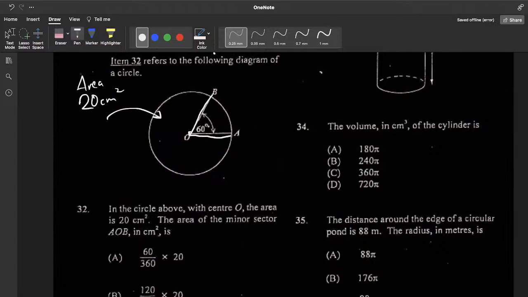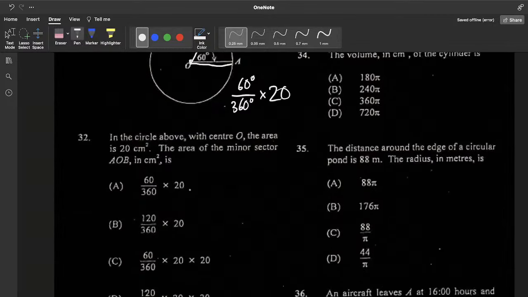What portion does it represent? 60 degrees. And how many degrees does a circle have? 360. So we could say 60 degrees over 360 degrees is the proportion of this slice of pizza. To figure out the area, we just need to find that proportion of 20. So we'd say 60 over 360 times 20. So therefore our answer would be this.